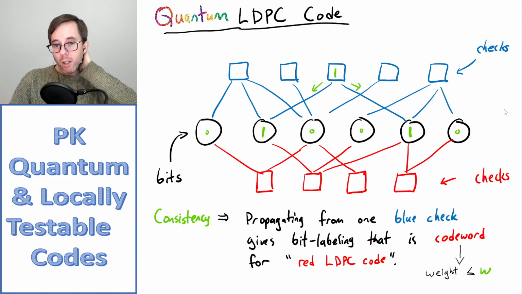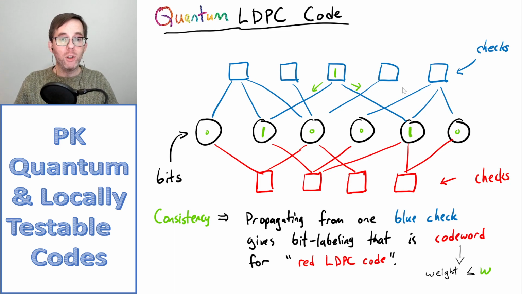So in particular, one thing this means, if you have a quantum LDPC code, is that for every blue check, if you put a 1 on it and propagate that out to its neighbors, the result, when you put 0 elsewhere, is going to be a classical code word for the red LDPC code.